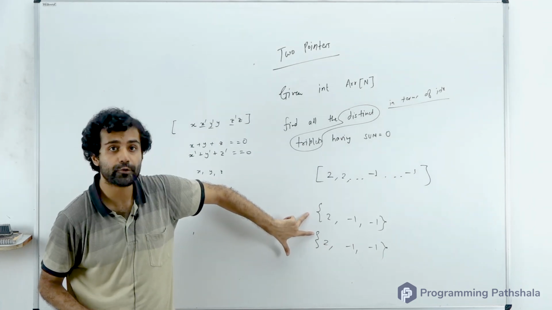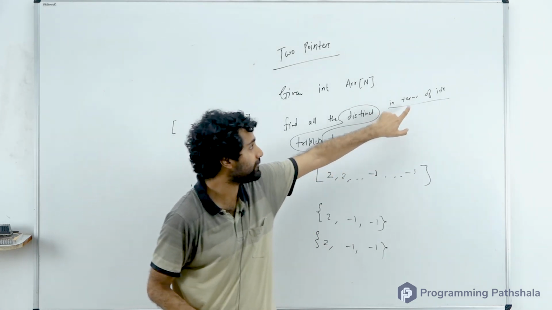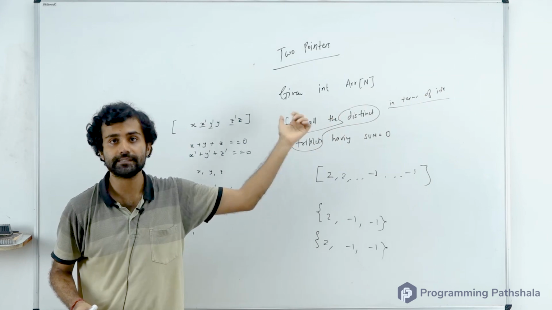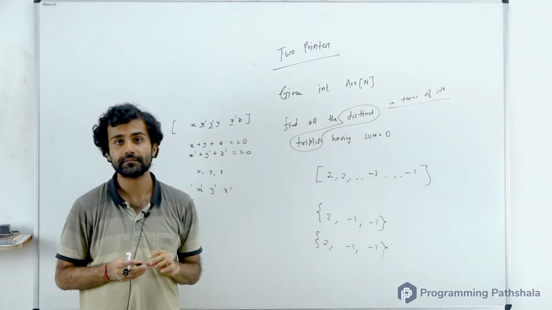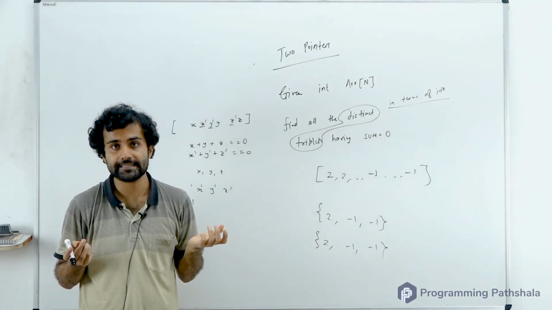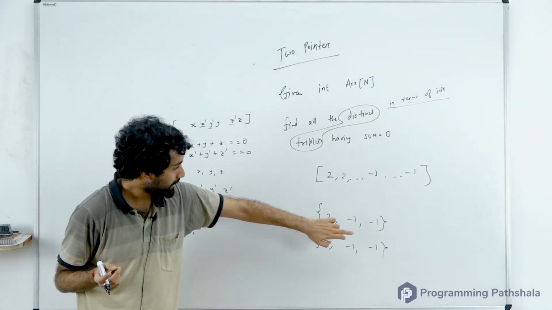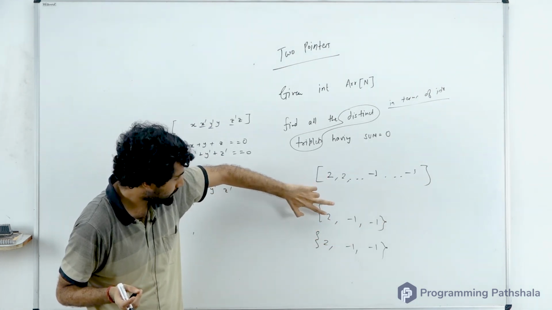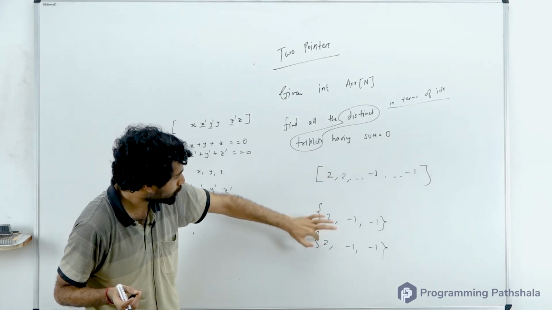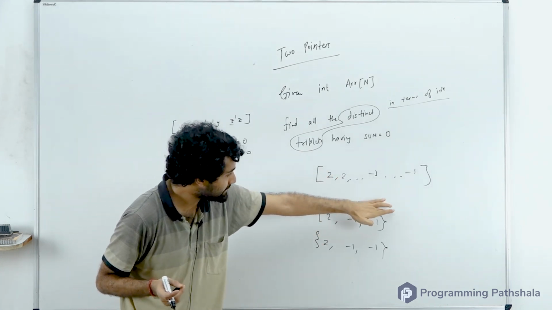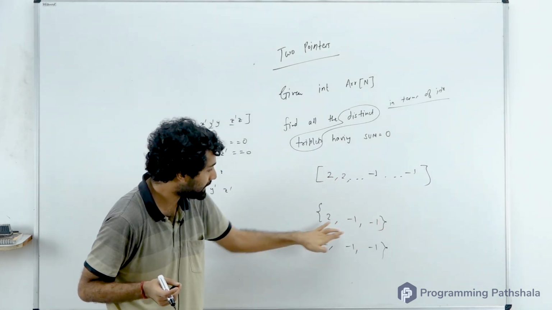Can I say these two are to be treated as distinct solutions if the indices are considered differently? Yes, I can obviously say that, because the index of this 2 corresponds to this, and this 2 corresponds to this. That is the reason this is being treated differently from this.